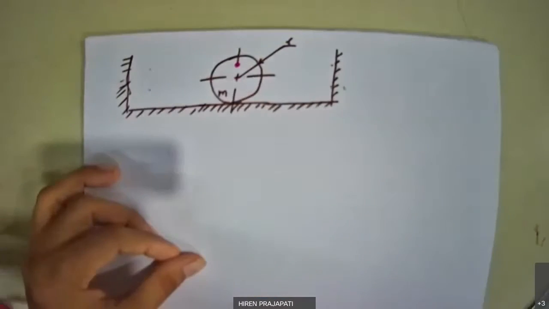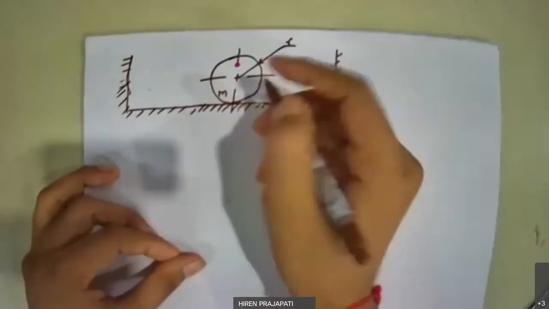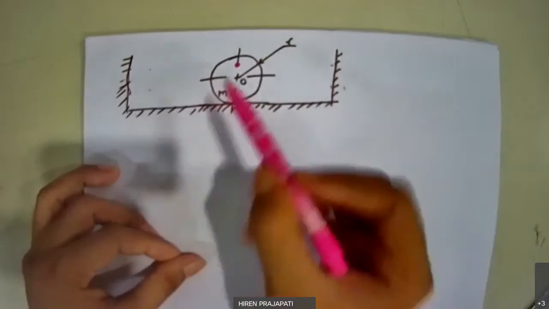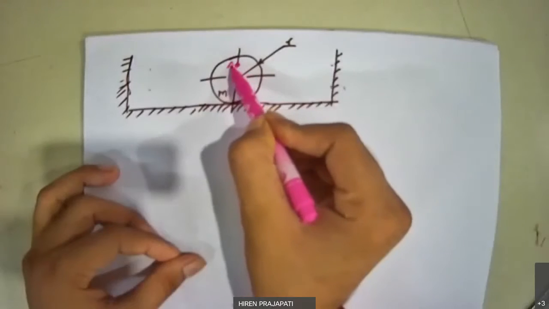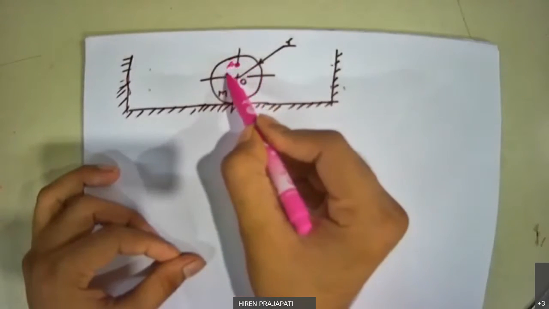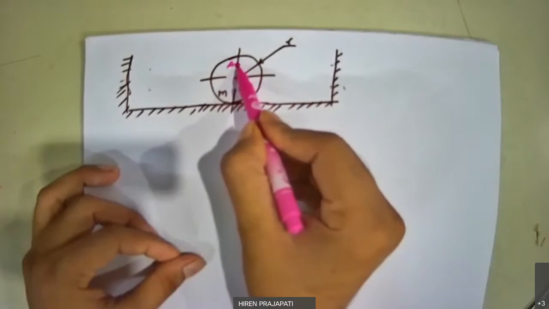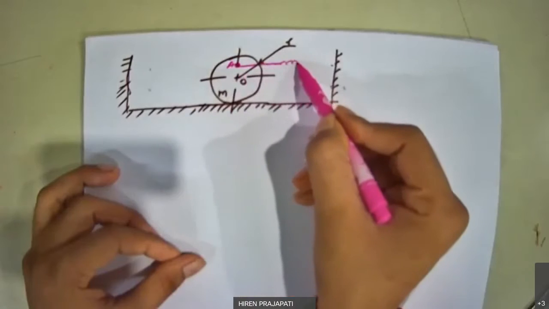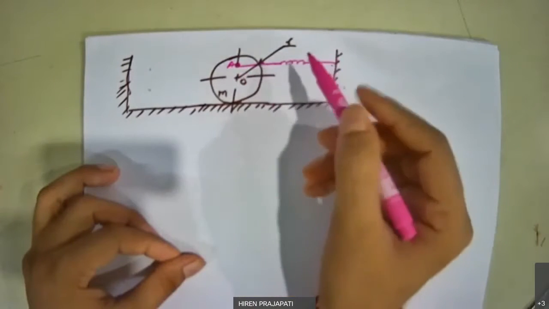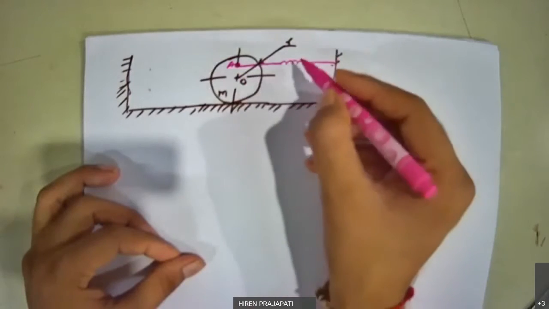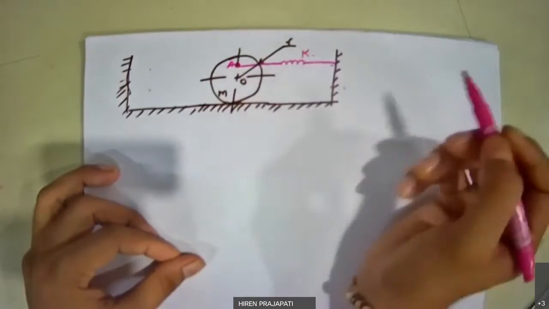Let me call the center of this O, and this point I call capital A. So the OA distance is small b. And at this distance we have connected one spring. Let me call the stiffness of the spring K.